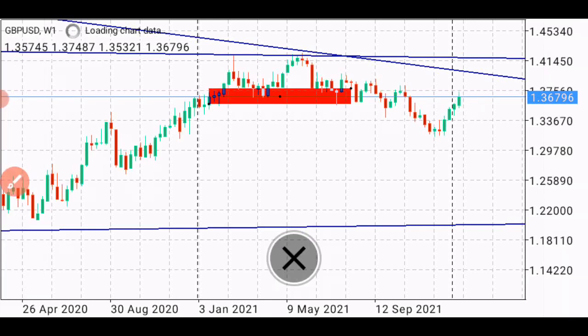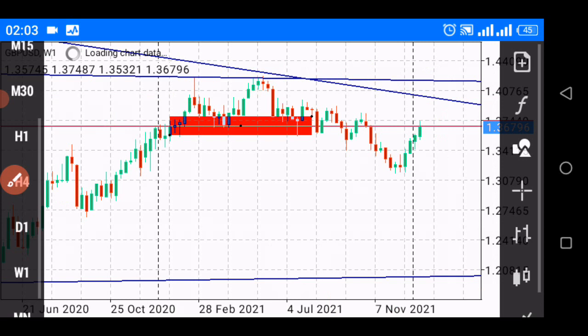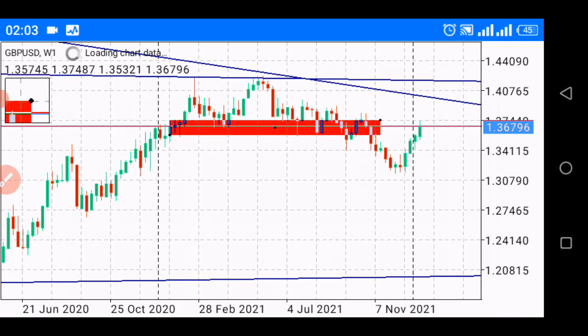The candlestick gives us a rejection here. This is a rejection candle that we are going to talk about very soon. So this pattern is like a head and shoulder, so we are probably expecting things here.